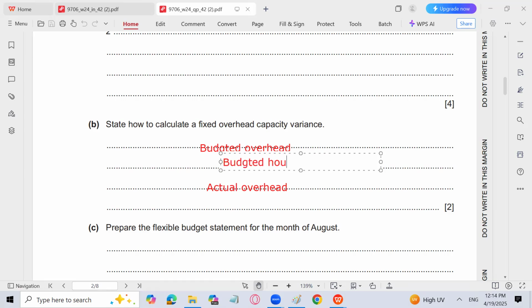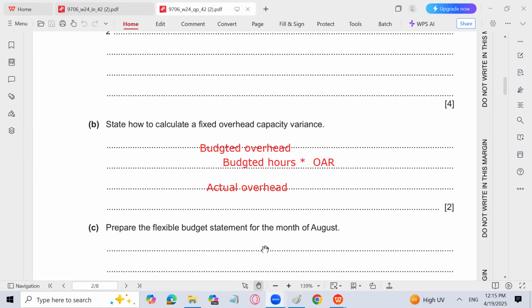It is also normally given in the question, but you should know the formula: budgeted hours into OA hour. So the difference between budgeted overhead cost and actual overhead cost is the overhead capacity variance, because it tells whether you have achieved the capacity or gone favorable from your capacity, and how many units you are producing. So your capacity has been increased or not.